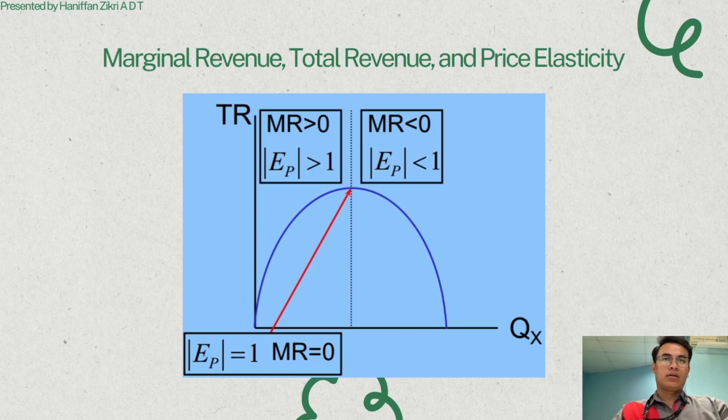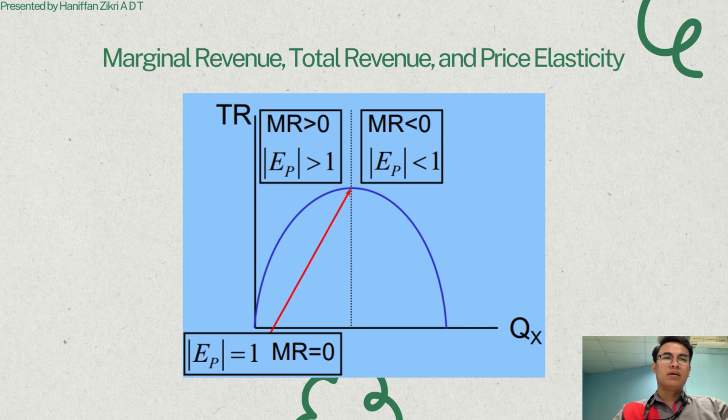So based on the curve, a linear demand curve is price elastic, that is EP more than 1, above its geometric midpoint. And for unitary elastic, it is at the midpoint, that is EP equal to 1, and it is inelastic, that is EP less than 1, below the midpoint.